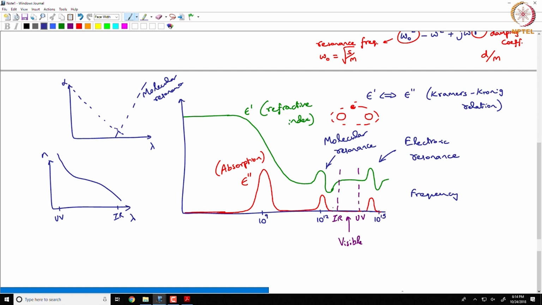That resonance is over here. As you go into the infrared region, you are starting to climb up this molecular resonance over here. Okay. So you can understand a lot of the behavior of materials by having this picture.